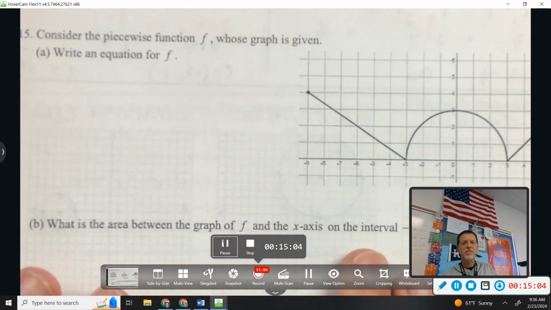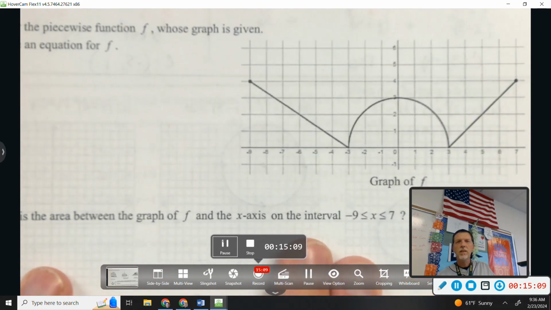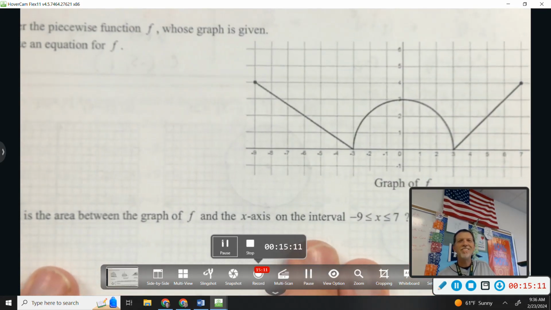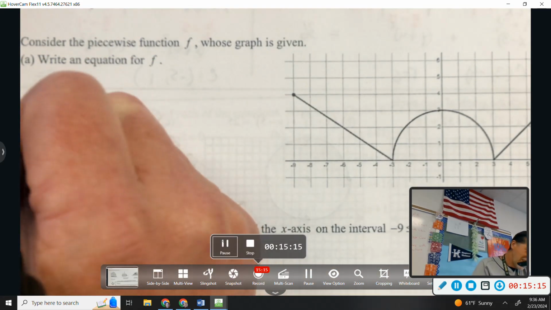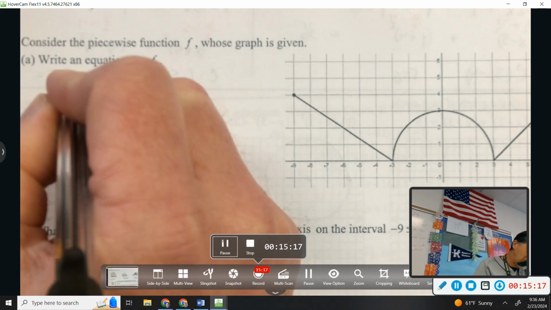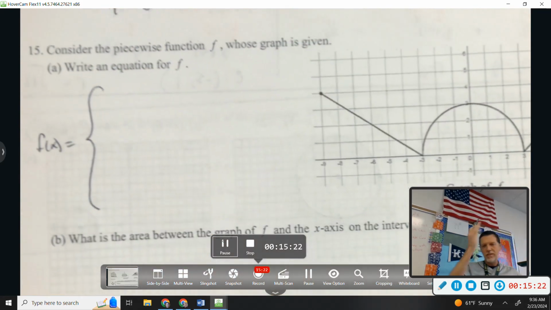Piecewise function. Write an equation of f. How many pieces of f are there? There's 3. So f of x equals, there is a semicircle. I want to divide it up first.